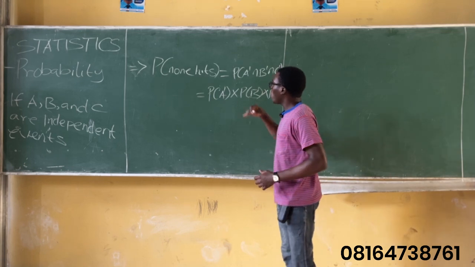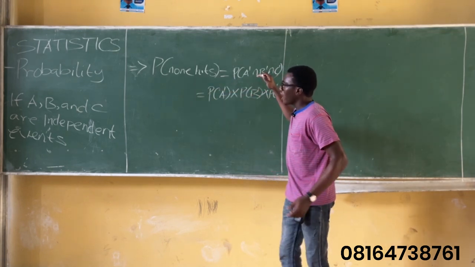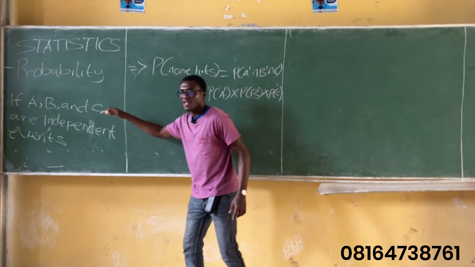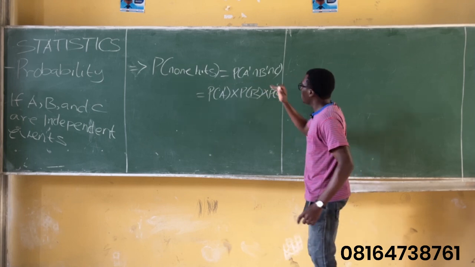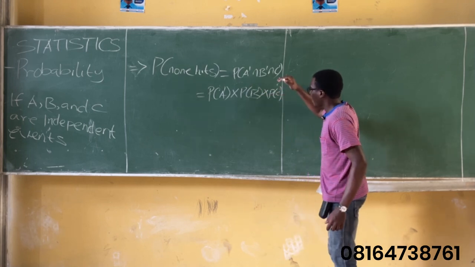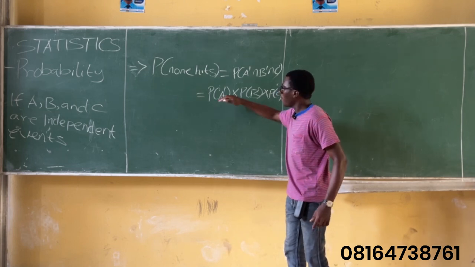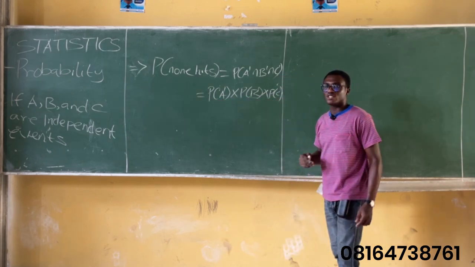So now, we are going to find the probability of non-hits, and we've said that it is equal to this, and we are making an important assumption that these 3 events are independent. Now, because the events are independent, the probability of the intersection of A prime, B prime, and C prime will be equal to the probability of A prime multiplied by the probability of B prime and multiplied by the probability of C prime.